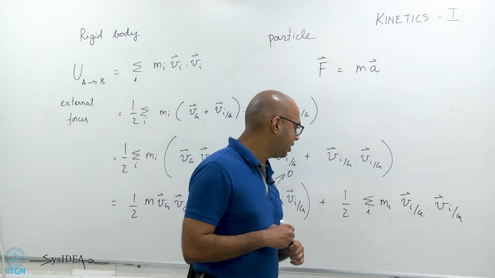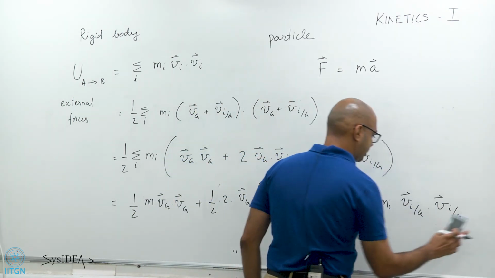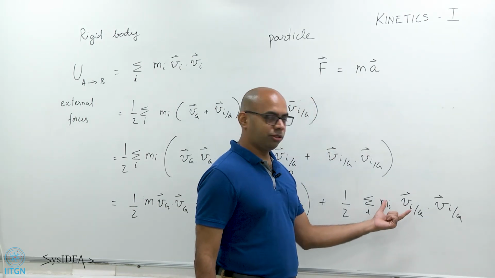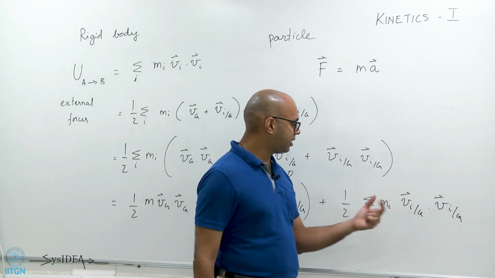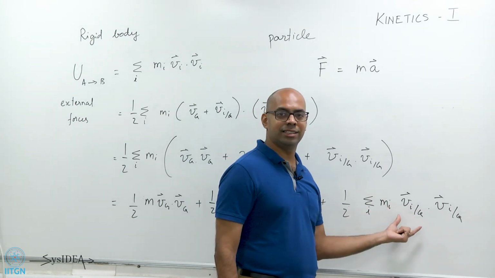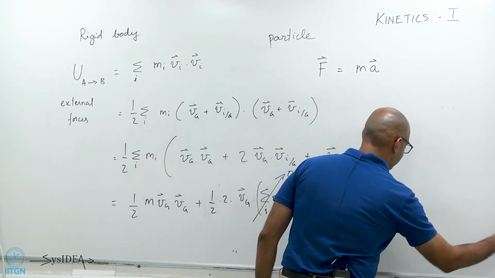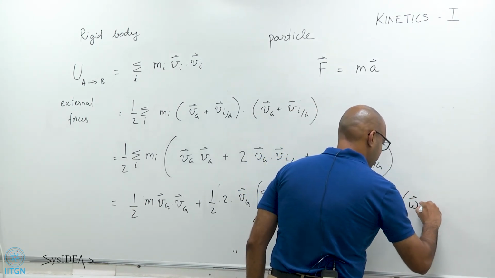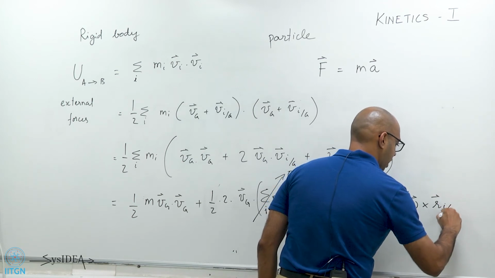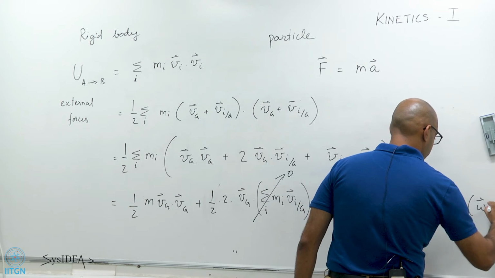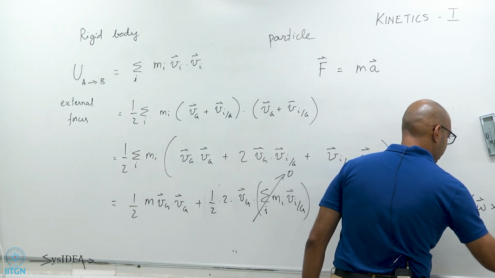So what we said in the previous concept capsule is that for 2 points with fixed distance in between them, the velocity is just omega cross R_ij. So I can rewrite this as omega cross R_ij dot with omega cross R_ij.